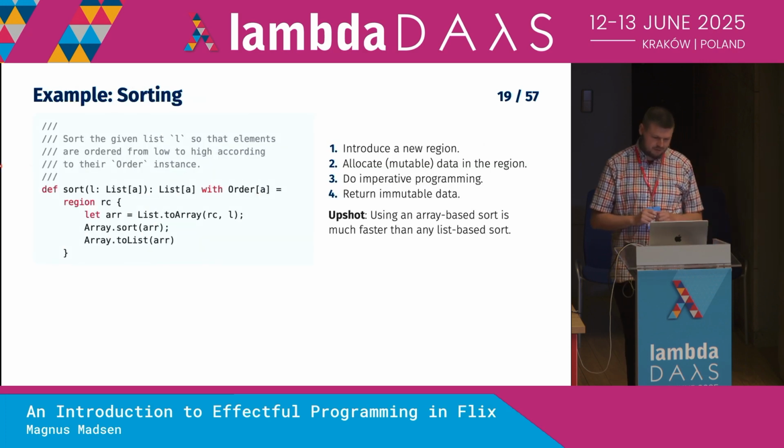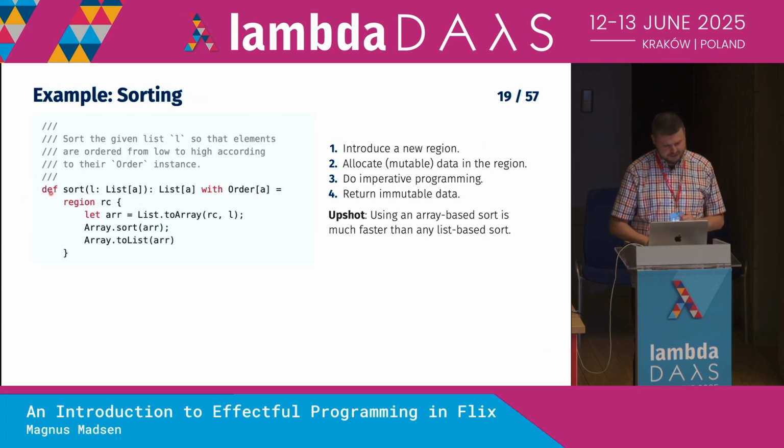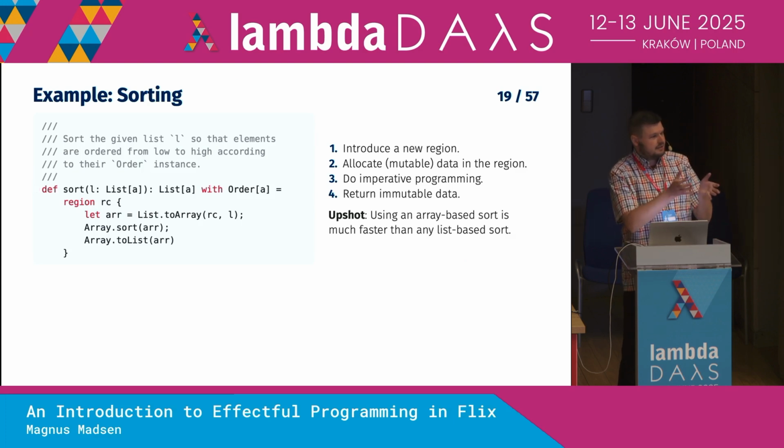Here's the way it looks in Flix. Just to illustrate, let's say we wanted to sort an immutable list. We could sort it functionally, but a better approach might be to take our list, convert it to a mutable array, then sort it in place using a quick sort or something like this, where we're mutating the positions of the elements, and then convert it back to a linked list.